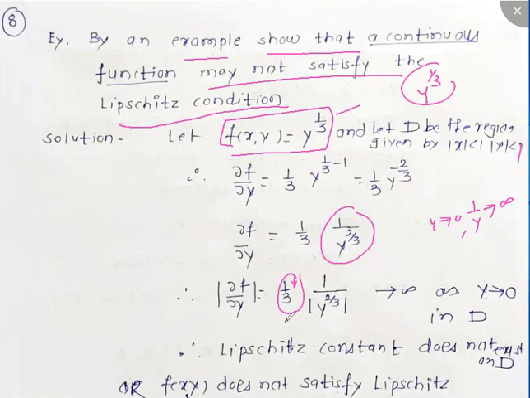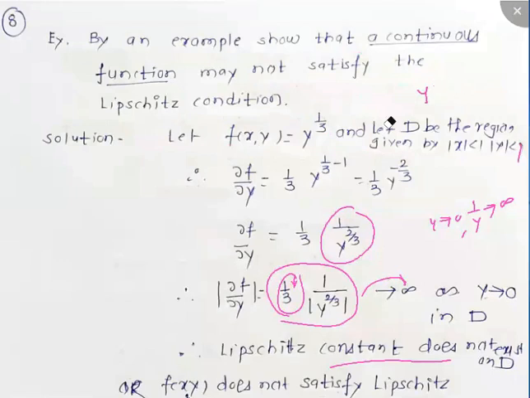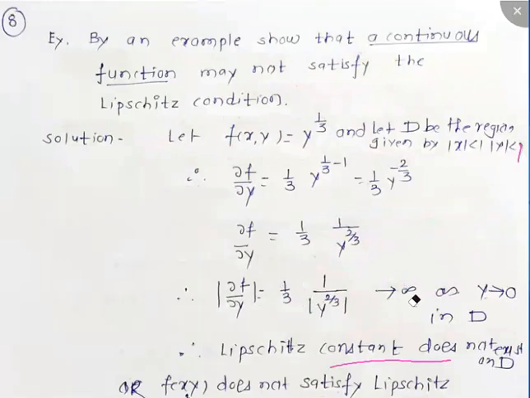So that means Lipschitz constant k does not exist, its value is increasing indefinitely. So Lipschitz constant does not exist over this region D. So function does not satisfy Lipschitz condition, though it is a continuous function.